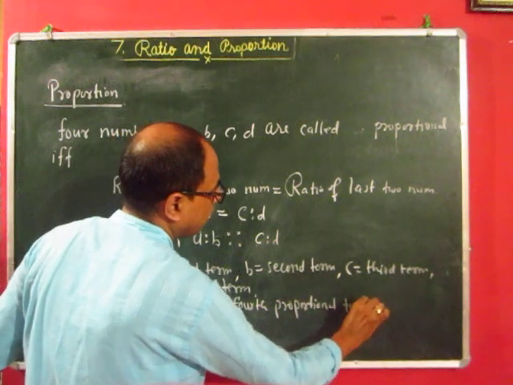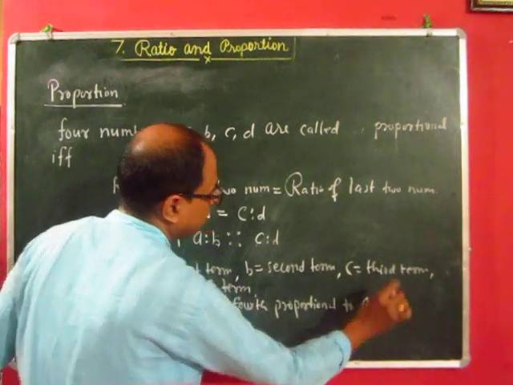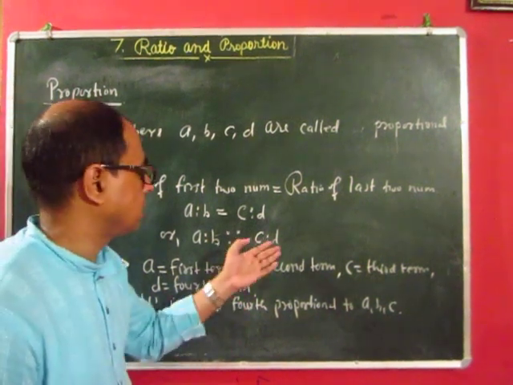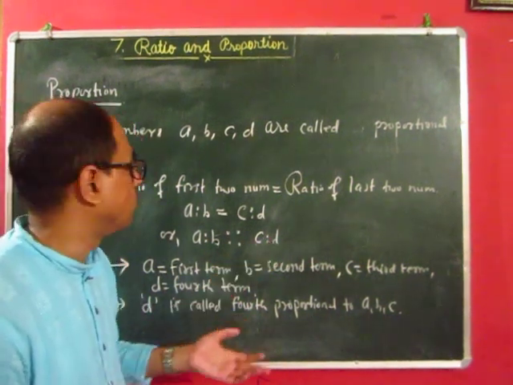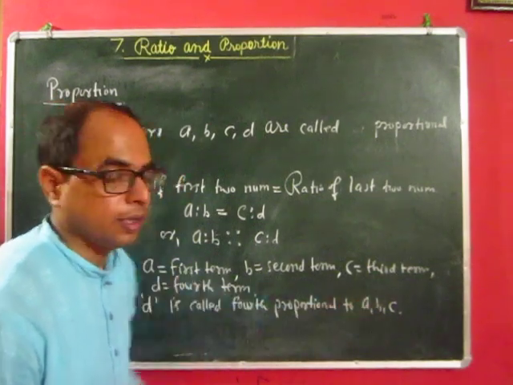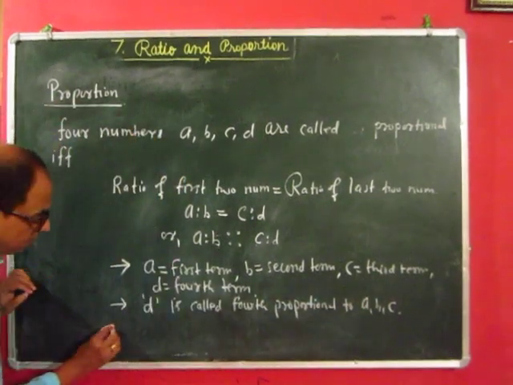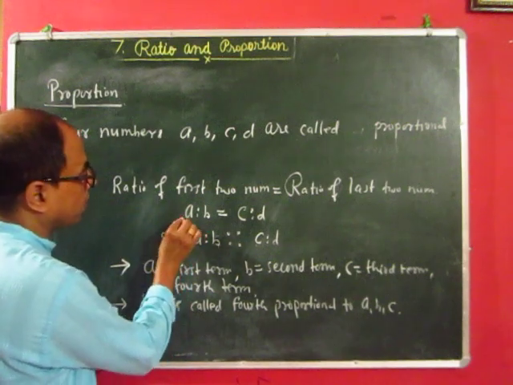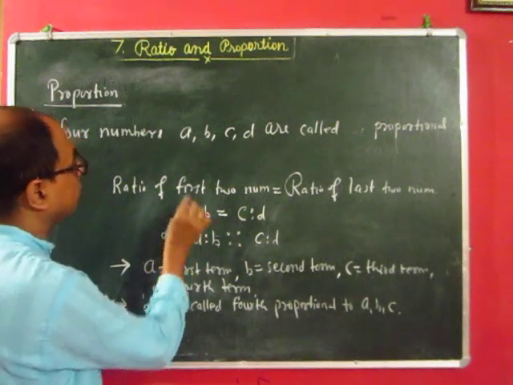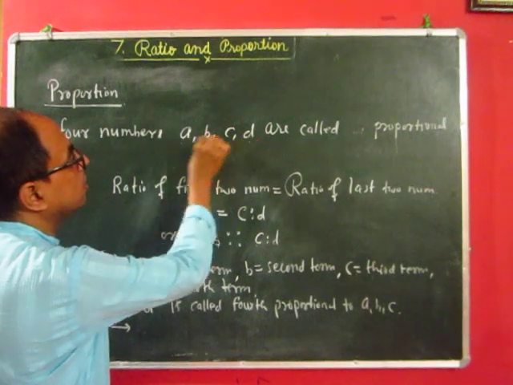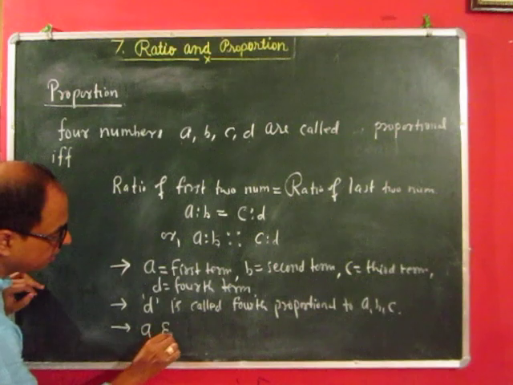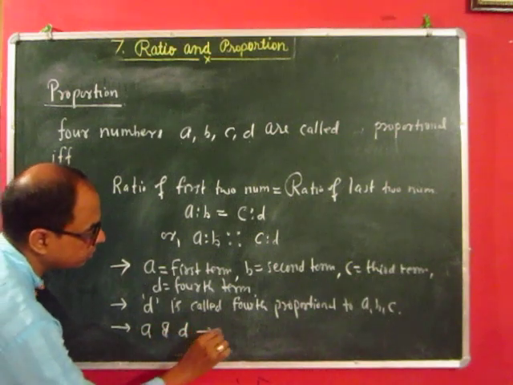To A, B, C. Sometimes fourth proportional is asked in the question. Find the fourth proportional of A, B, C. The first number and the last number, A and D, are called extremes.